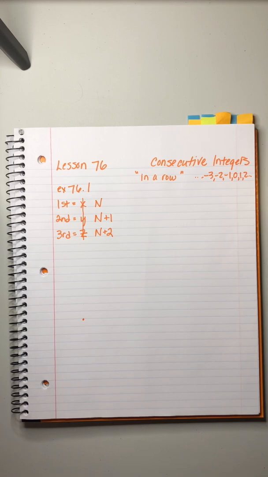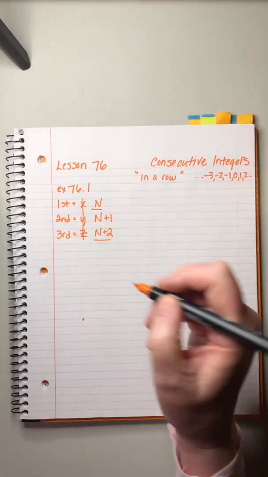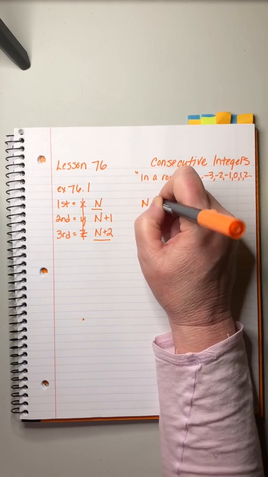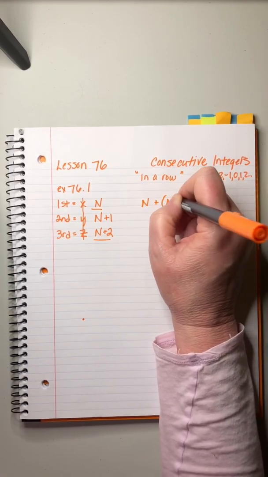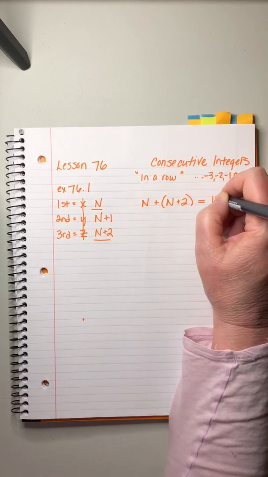Find 3 consecutive integers such that, okay, here comes the tricky part. The sum of the first and the third is 146. Okay, so the sum of the first and the third. Sum means add. So what we can say is n plus, and we can put this in parentheses if we want, n plus 2 is 146.